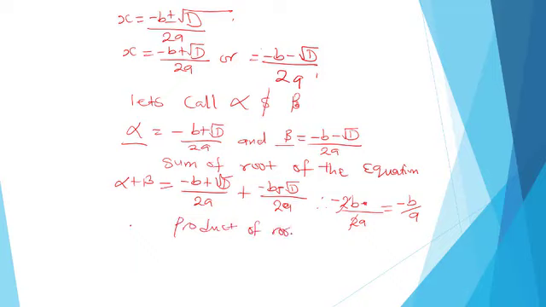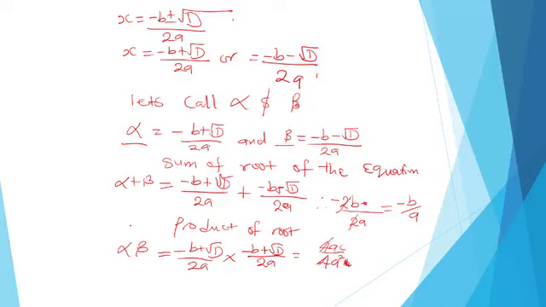Product of roots, we now have alpha beta equals minus b plus root d over 2a times minus b plus root d over 2a, which equals, you now have 4a squared, and here if you multiply this by this, you now have 4ac.